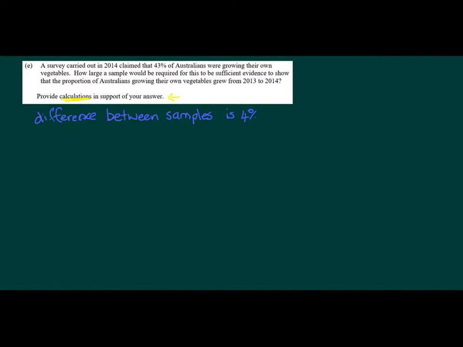This means that 1.5 times the average margin of error, okay, so we need to calculate that, needs to be less than 4%.